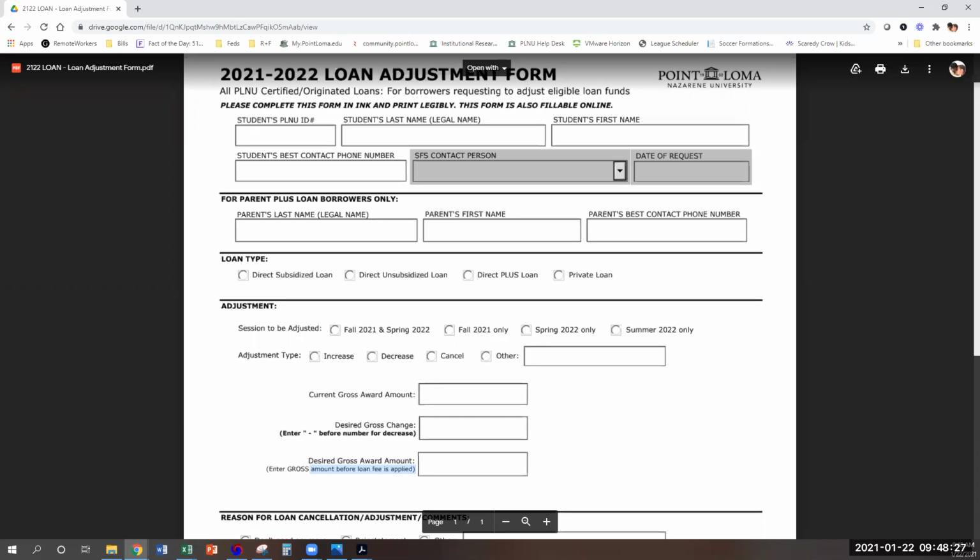Yeah, I was going to say, from my years of experience here as an advisor, all the emails came in very unclear. It would be like, I want $500. Sorry, baby's loud. And you didn't know: do they want that just in fall? Do they want that just in spring? How do they want it? So that was the nice part of the form: it spelled it out.